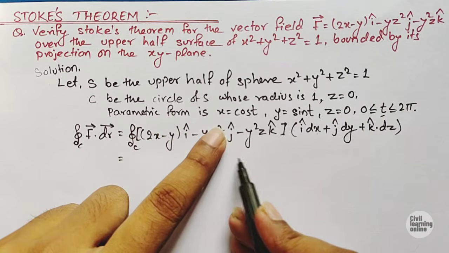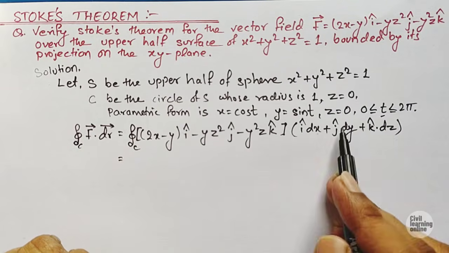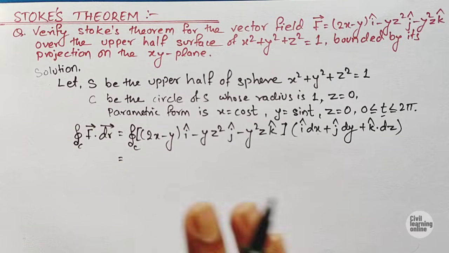Similarly, this portion will also multiply each and every term, but here when i is multiplied with j, it becomes 0, so we will take only the terms which are multiplied with i cap.